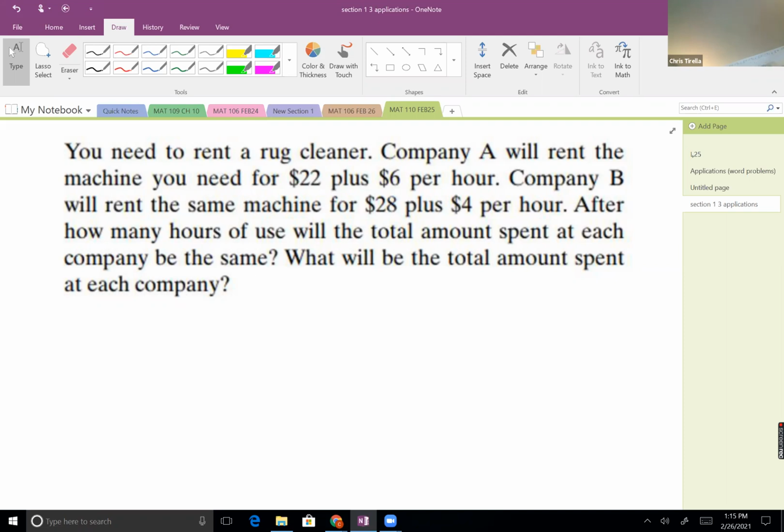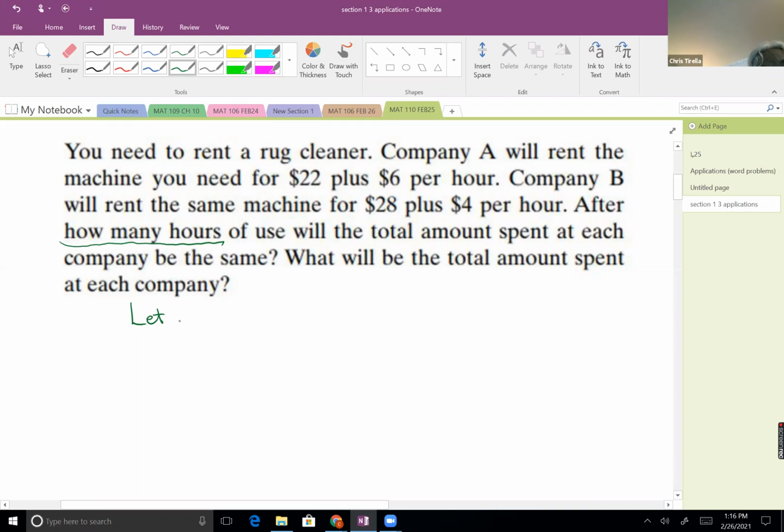Okay, I don't think we need a picture for this one. What are we looking for? What's the first thing we're looking for? Anybody? Aren't we looking for the hours?